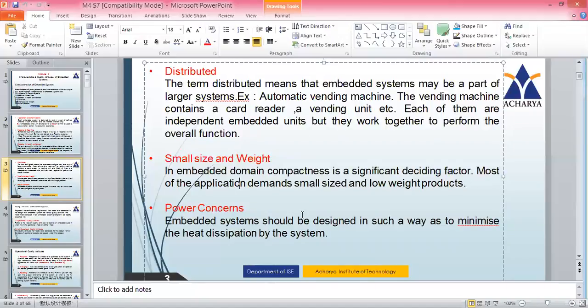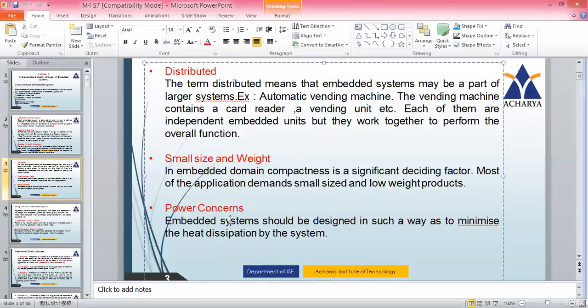So most of the applications demand small sized and low weight products. Whatever examples we are seeing, usually they will be low weight handheld devices. Some exceptions are there like ATM machines, washing machines, maybe the smart refrigerators. Leaving those, many embedded applications are always small in size.